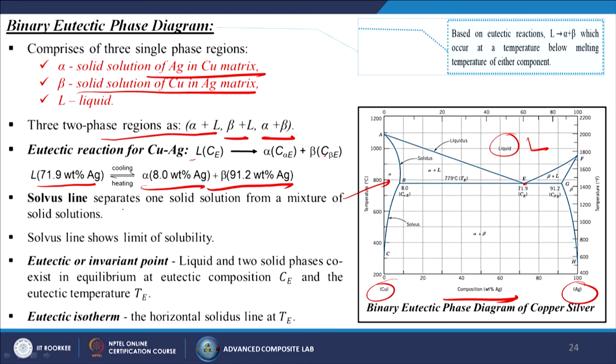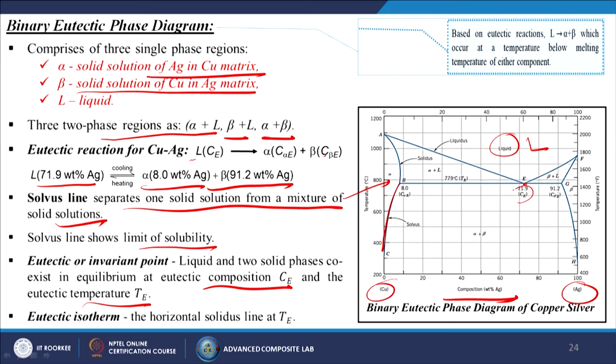The solvus line separates one solid solution from a mixture of solid solutions. This is known as the solvus line, and it shows the limit of solubility. At the eutectic or invariant point, liquid and 2 solid phases coexist in equilibrium at the eutectic composition Ce and the eutectic temperature Te.